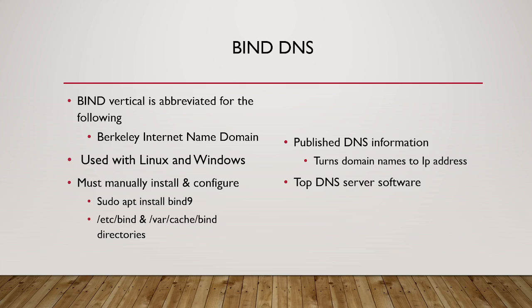Now, this is cool because it's used to publish DNS information, resolves DNS issues, and turns domain names into IP addresses. It's also the top DNS server software. So that's definitely a plus. It has credit behind its name.